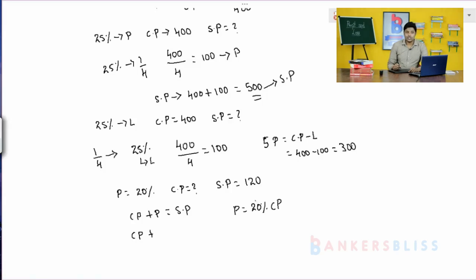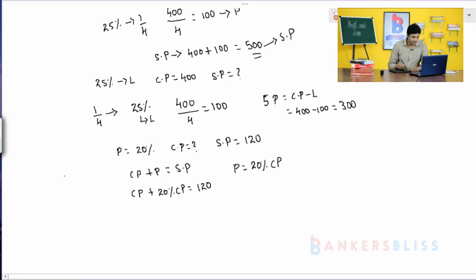So, in place of profit we can write 20% of cost price, equal to selling price, that is 120. We have to calculate the cost price. So, the entire cost price we are going to take for the calculation. So, 100% of our investment we are going to take for the calculation. So, 100% investment is nothing but 100% cost price.